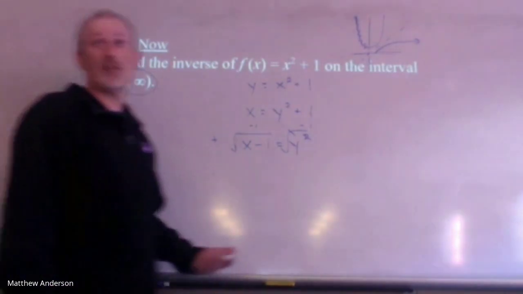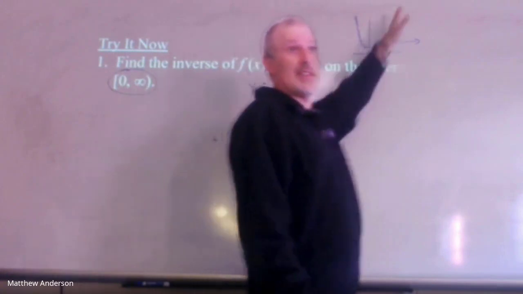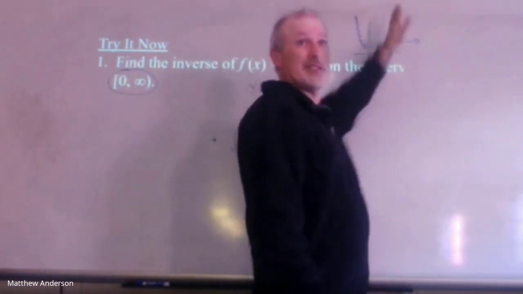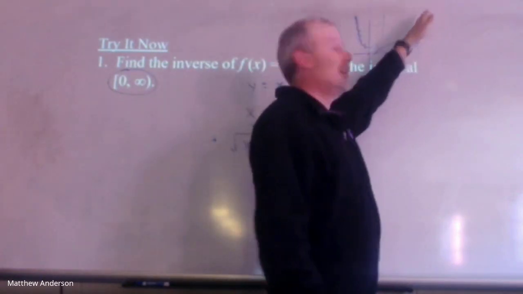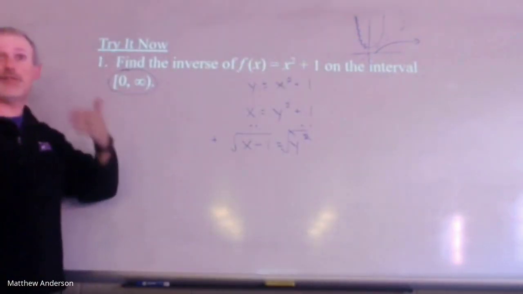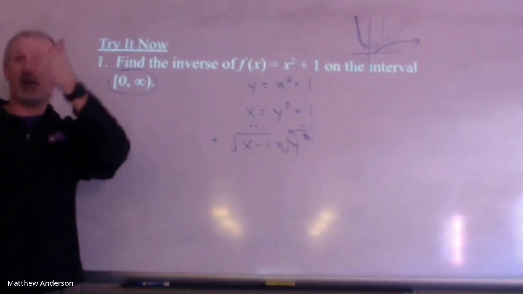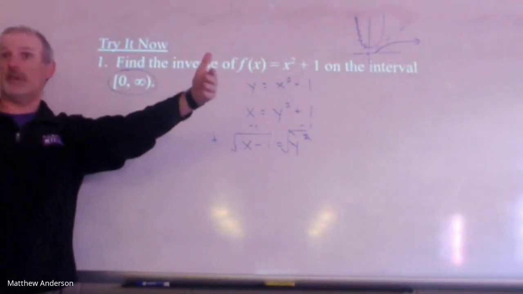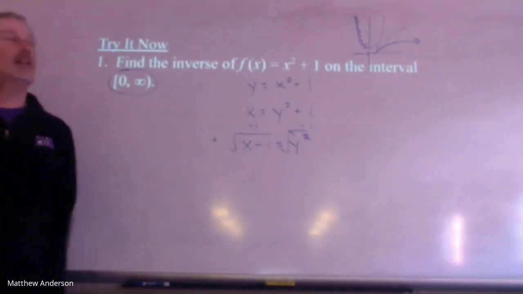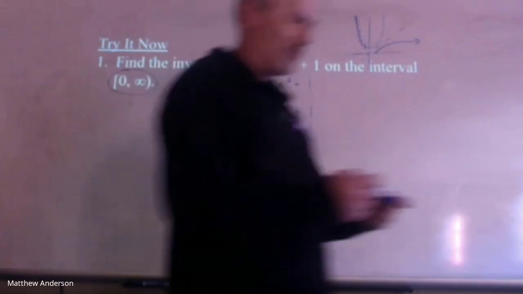If you remember increasing and decreasing, this side is decreasing, and this side is increasing, because this side is going down and this side is going up from left to right. So what they've done is they have found the non-decreasing side. You find the vertex of your parabola, and that's where you start, and then you go to the right from there. That's the non-decreasing side. So there's a question like that. I'm almost positive it's on your homework, so you want to keep that in mind.